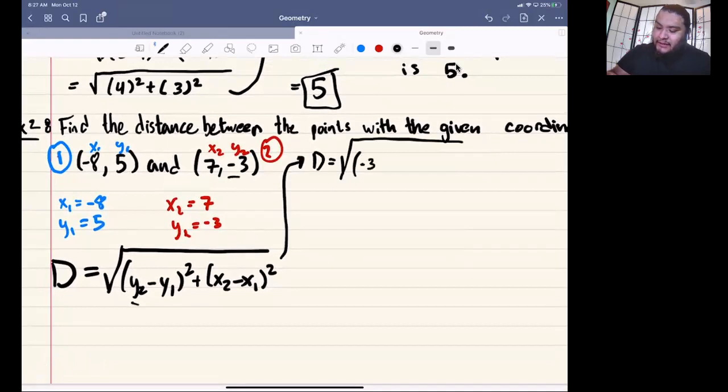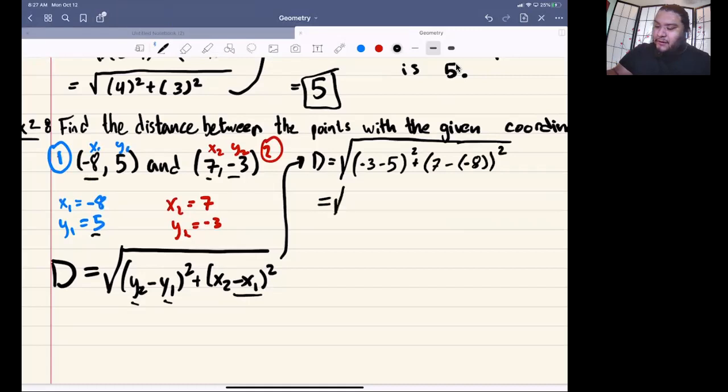We're going to do minus y1, which is 5, so minus 5 squared, plus, and now we're going to do x2, which is 7, minus x1. x1 is -8, so minus -8 squared.